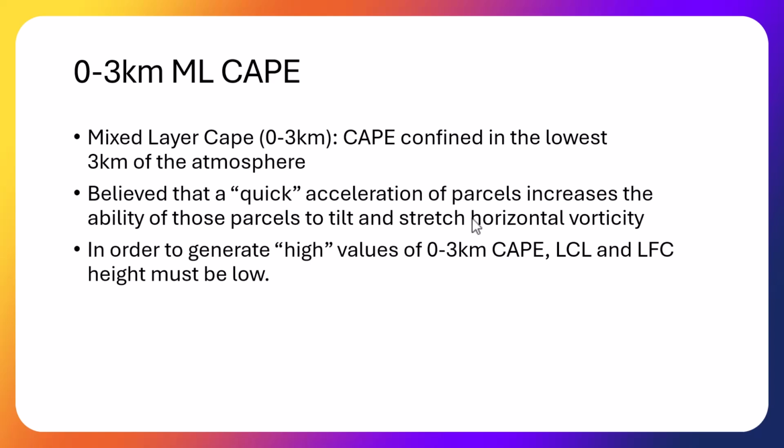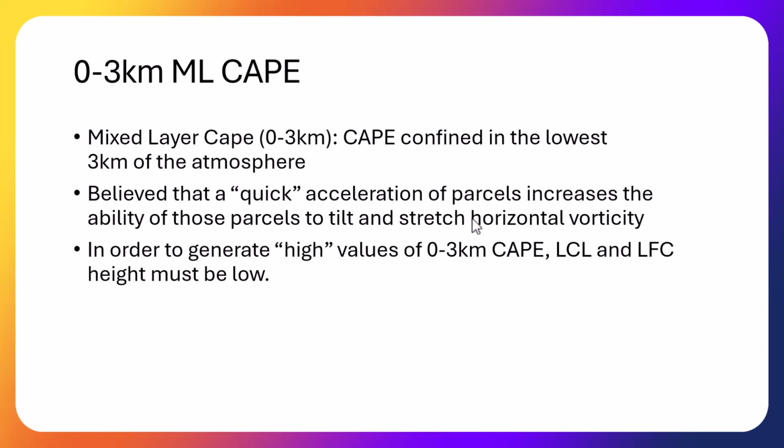The higher this value is, the more stretching you're going to have in the horizontal vorticity plane, which just increases the rotation and updrafts within your thunderstorms. The more energy you have on that surface, the more movement you're going to have essentially.